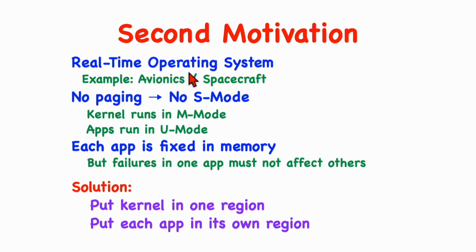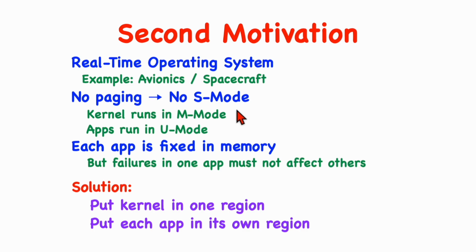Imagine a real-time system, such as a computer controlling an airplane or a spacecraft. In order to meet the timing requirements, the system will need to avoid using virtual memory. Accessing page tables introduces too much uncertainty, causing unpredictable delays, so maybe the core would not even implement supervisor mode.